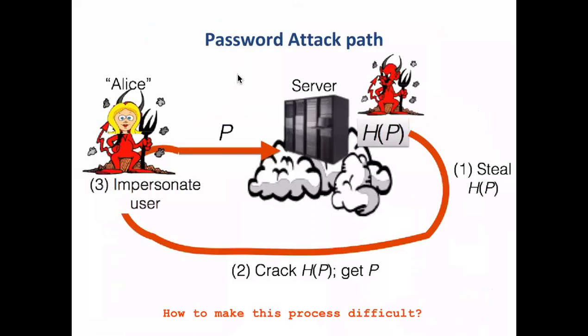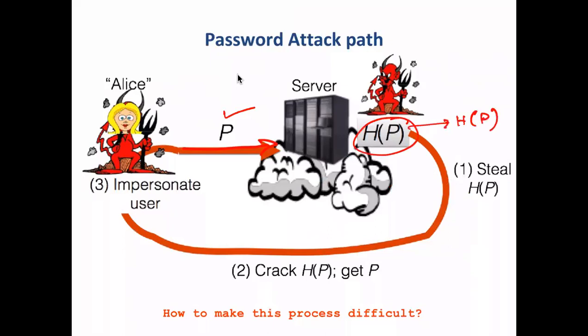Okay. Now the question is, how are cyber criminals going to attack this process? For example, for Alice, the password is P, and the server stores this as a hash, which is H(P).